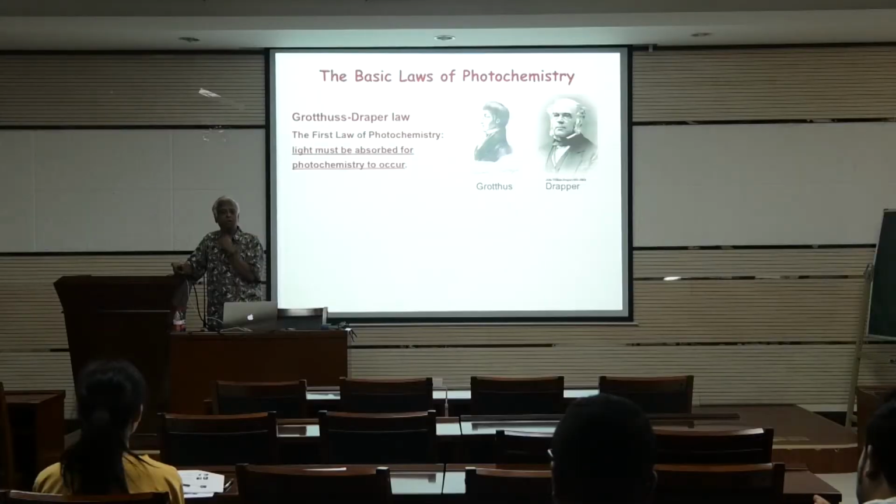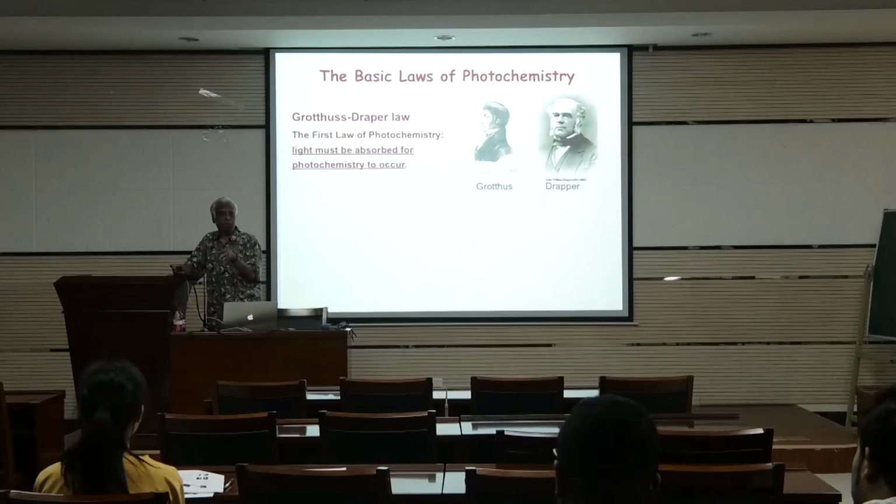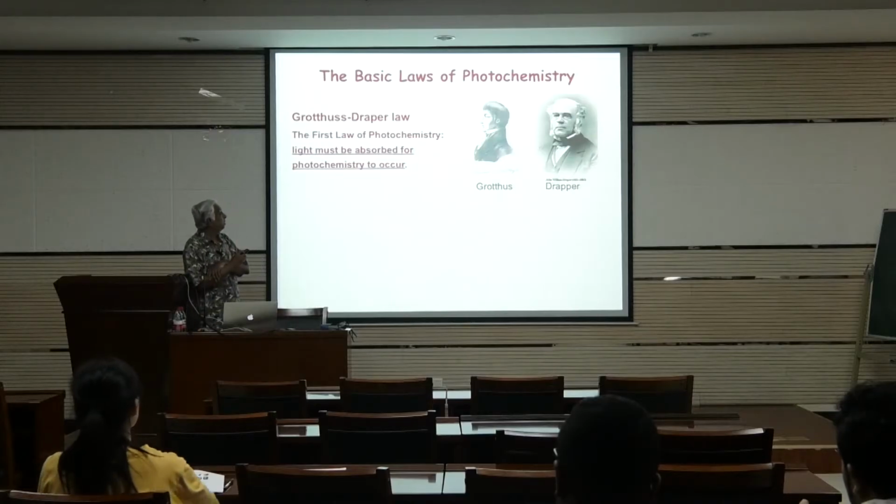Only in that particular region will the molecule absorb the light. So if you want to do fluorescence or chemical reactions, you will have to excite the compound in the right region where the molecule absorbs. This is the basic rule put together by Grotthuss and Draper.